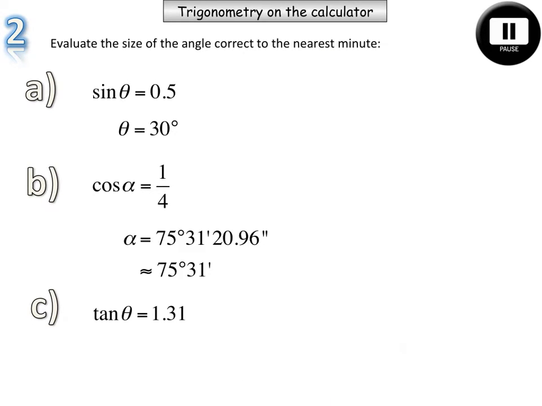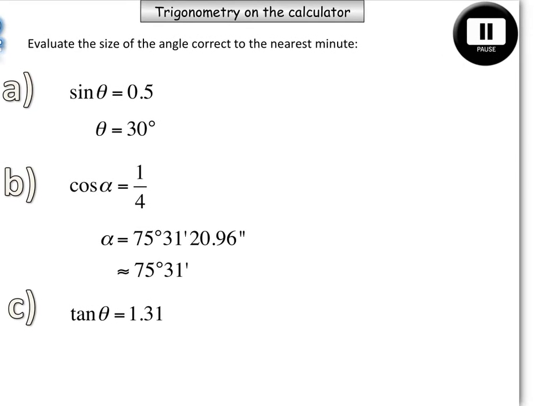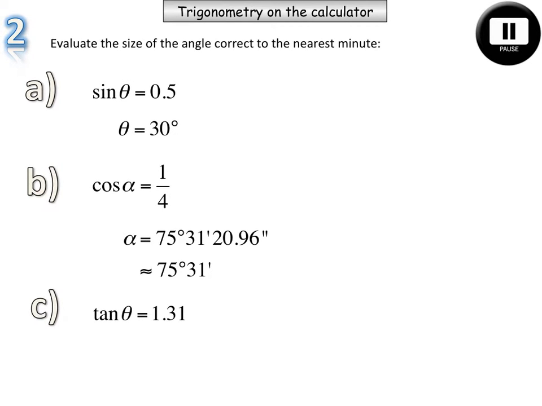So we write the whole calculator display, and then we round it off. Like we do with rounding, if it's over halfway, we round up. This has got to be 30 or above to round this up. But that's only 20, so that stays the same.